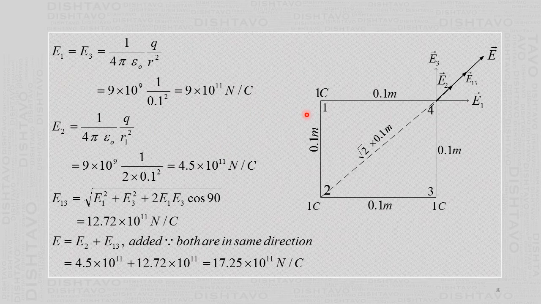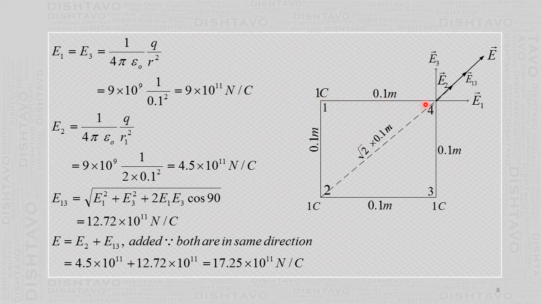Now, solution. First we have to draw the diagram. So there are three equal charges, 1 coulomb each, and they are at three corners. Let us say this is corner 1, corner 2, corner 3, and this is corner number 4 of the square. The length of the side of the square is 0.1 meter each, since 10 centimeter means 0.1 meter.